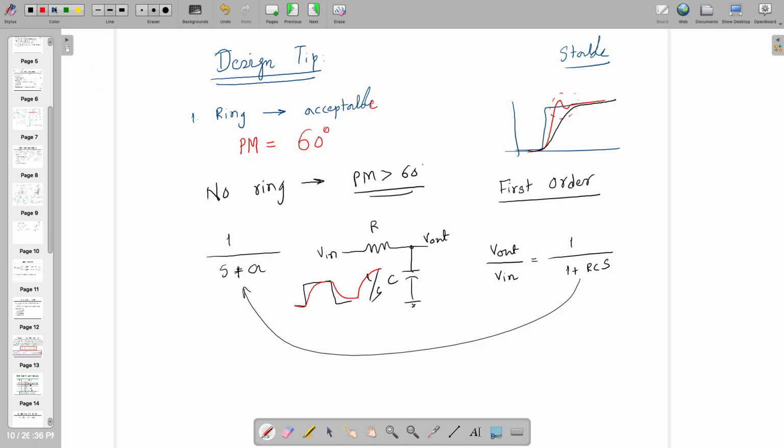If you are increasing the order, the system will have oscillations. So as long as you are keeping your system first order, there is no problem, right? How to do that, we are going to learn it. So you know about this, as you are increasing the order, there are oscillations. Have you studied this in differential equations or something?